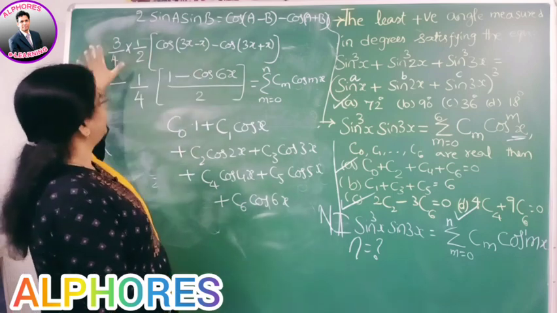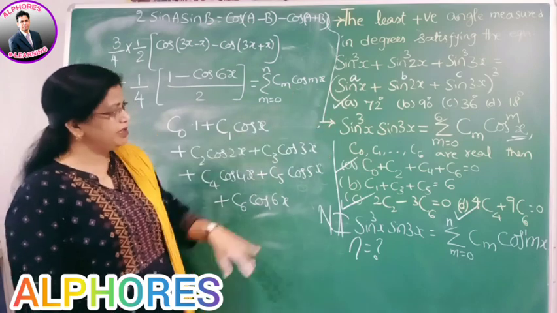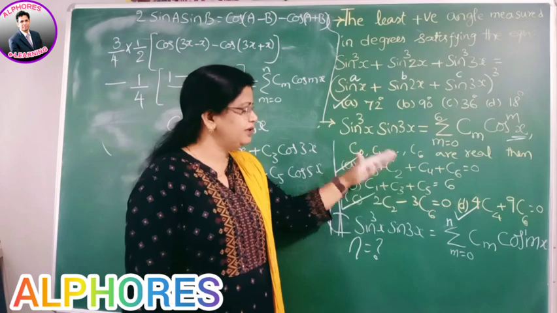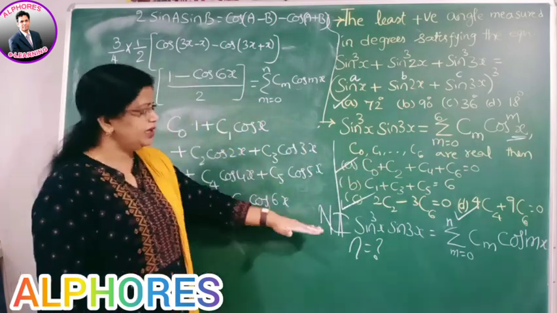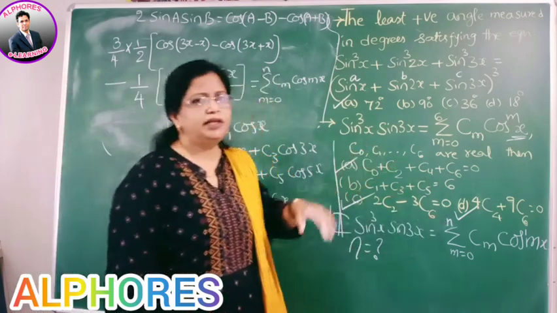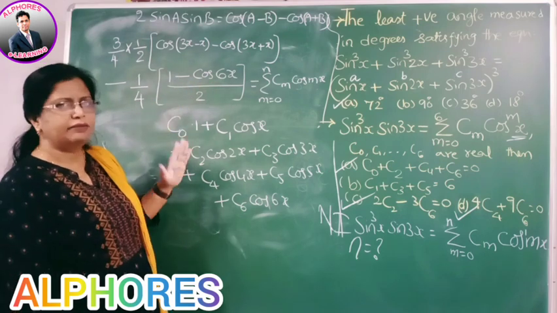No need of doing complete simplification like our previous problem, because in the previous problem the options were in that way. That is the reason we expanded, we compared, and we found each and every value. Whereas now it is not necessary, because what is our question? How much is that n? Maximum value, that n you got by observation, it is 6. That's it.